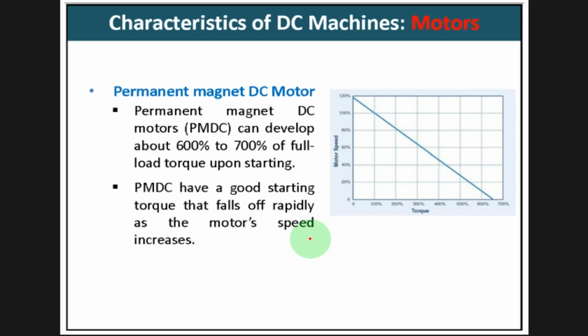When the motor speed is going up, the torque decreases. So that means initially the speed is low and you have a high torque, and then gradually speed increases and the torque decreases.